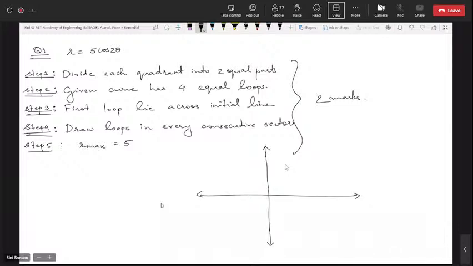lines properly. Okay, so first of all, you know this is theta equal to 0. What is this? Theta equal to pi by 2. This is theta equal to pi, and this is theta equal to 3 pi by 2. Okay, now first point, divide each quadrant into 2 equal parts. So I'll be dividing each quadrant into 2 equal parts. So draw the radial lines by dividing each quadrant into 2 equal parts.